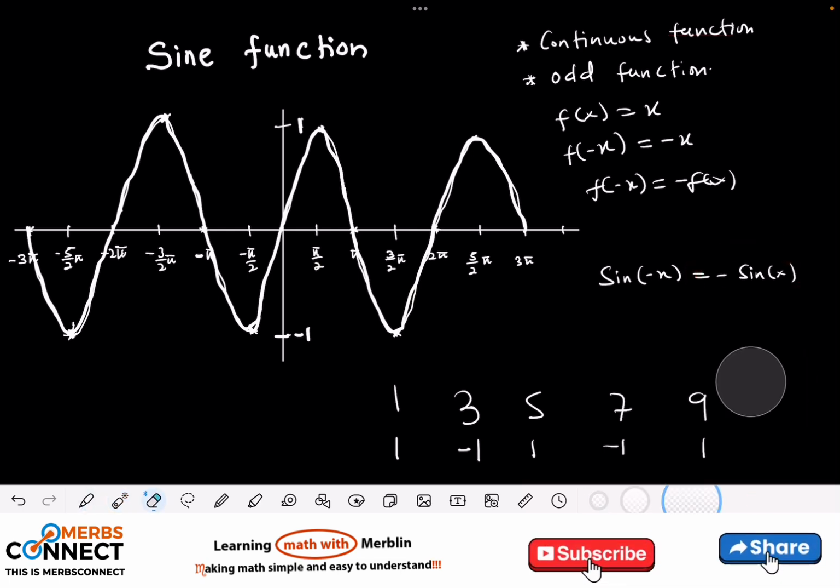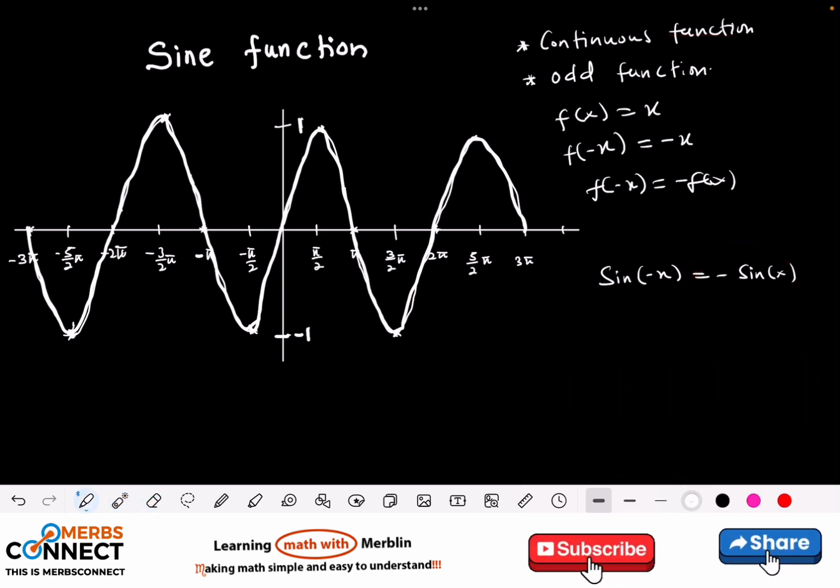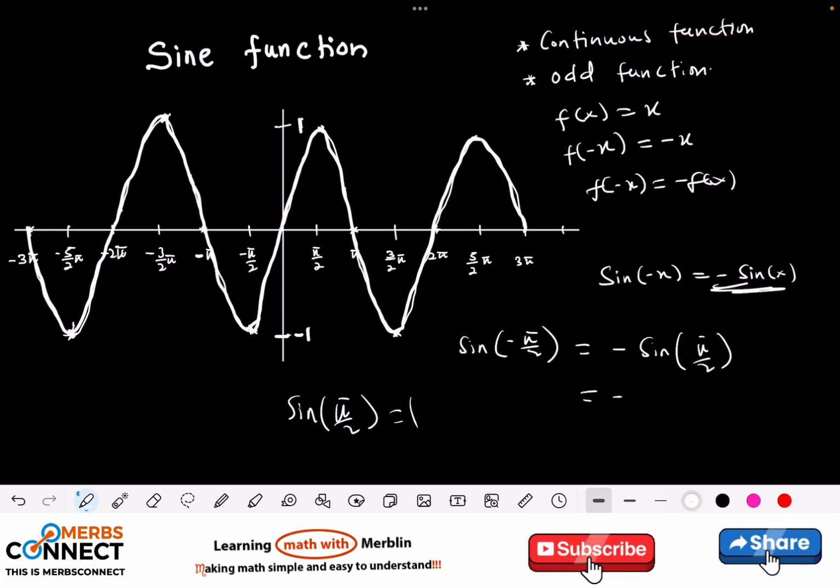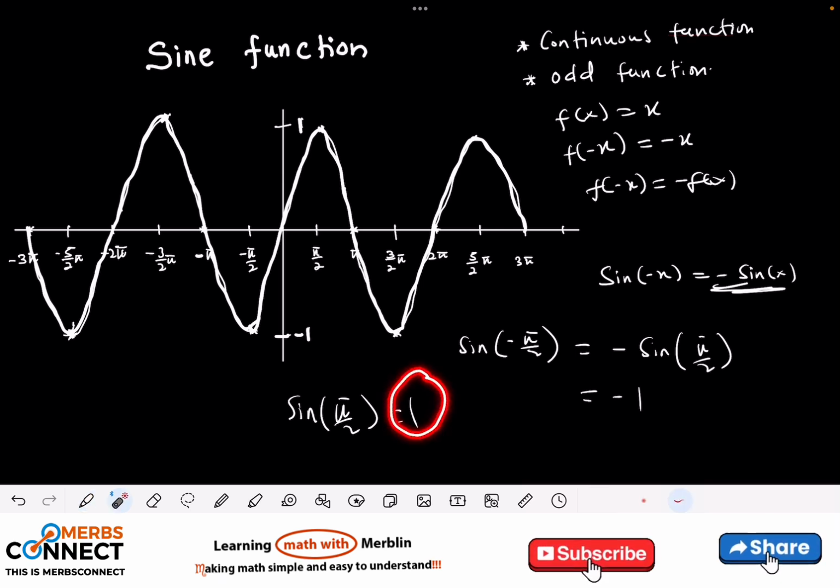So let's take this example: what is sine of negative pi over 2? Let's assume that you know sine of pi over 2 is equal to 1. Then this is the same as minus sine of pi over 2, which we just learned, and this is going to give us minus 1.